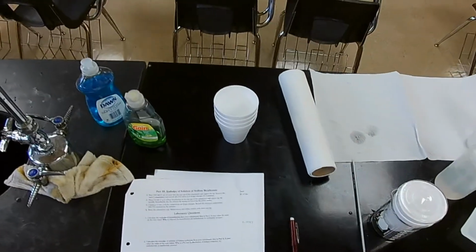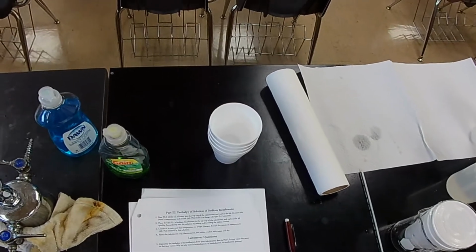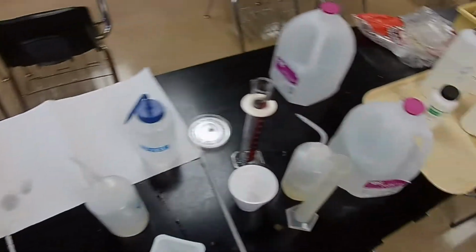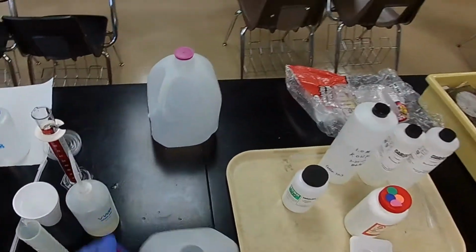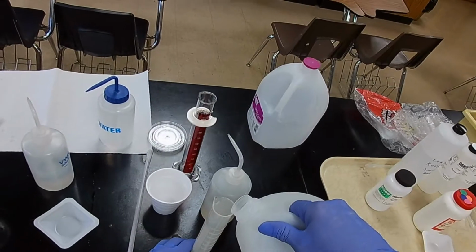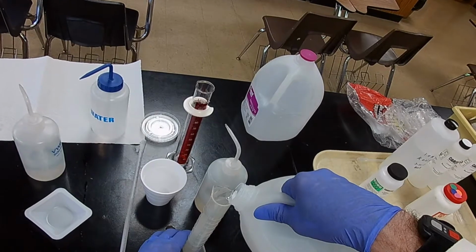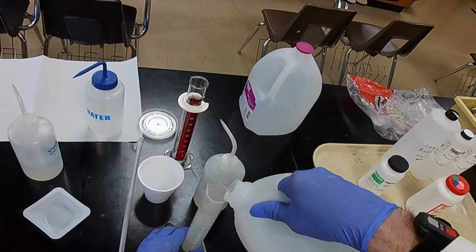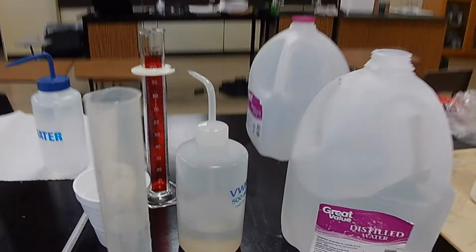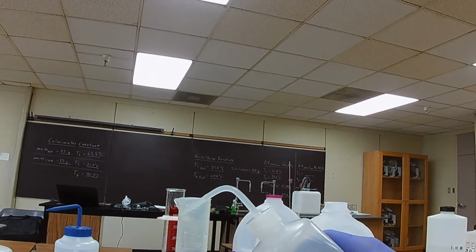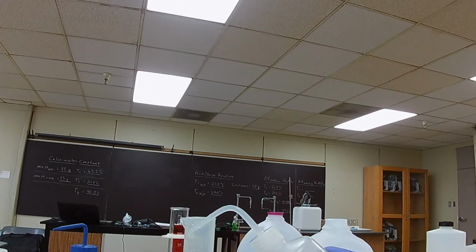Enthalpy of solution for sodium bicarbonate, which is sodium hydrogen carbonate. Same thing, baking soda. This one calls for 75 milliliters of water also. So we'll put 75 milliliters of water in this one, as we did before. Now let's bring it up to 75 with our wash bottle.